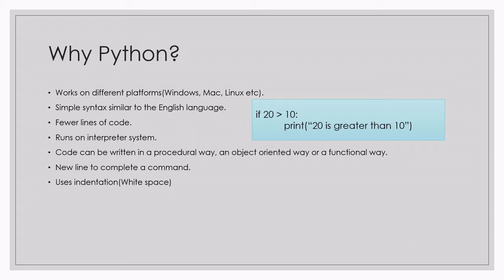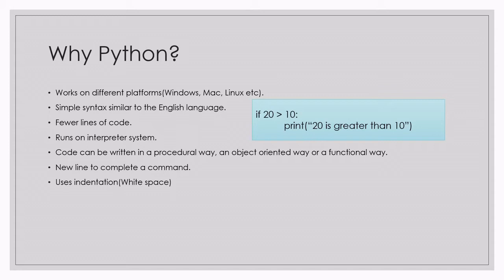Python code can be written in a procedural way, an object-oriented way, or a functional way. What does that mean? Procedural way means no class, no function, just write code line by line and it is going to execute.